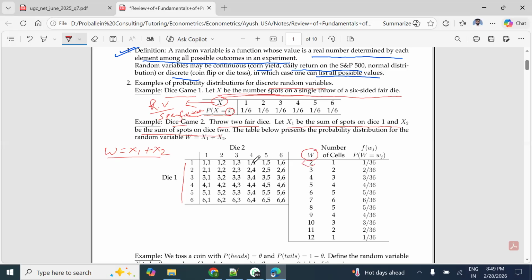So for 2, how many cells are there? You can see 1 plus 1 is 2, isn't it? So the probability of W taking the specific value Wj is 1 by 36. Yes or no? Okay. Yes, sir. So there is no issue, right?